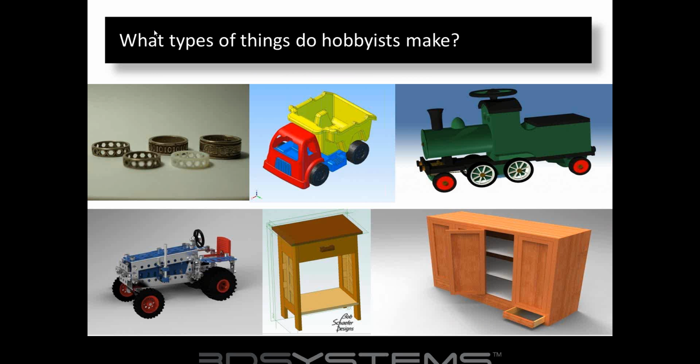We also have a number of hobbyists that use our software for different ideas and products that they have in mind. So we have a few examples of the different types of things that are usually created in our PE version of the software, which is that version that sits at $199.